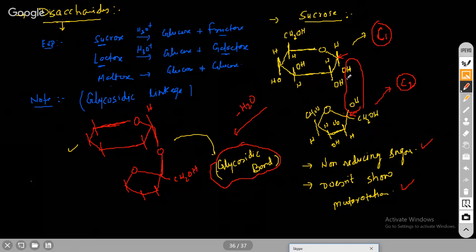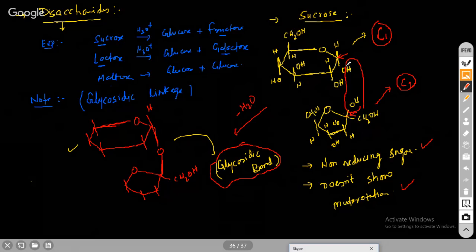Now, if in any of these molecules this or this carbon is not involved in the reaction, we'll see the other example also, and you'll understand. If any of these anomeric carbons is free or does not involve in the reaction, then the product will be a reducing sugar. Reducing sugars are those sugars which can reduce Tollens reagent and Fehling's solution.